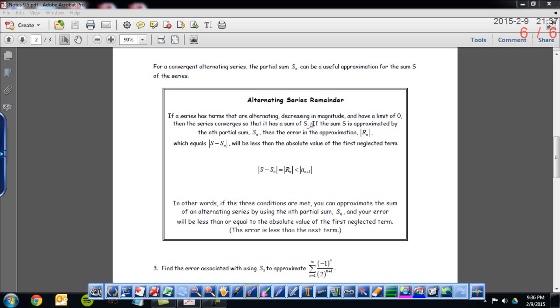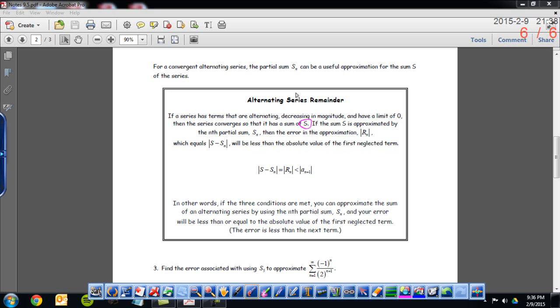So this sum S would be the sum if you added up every single term, the infinite number of terms that you add up. Now, that value of S is going to be very difficult, if not impossible, to find for most series. Okay, so because we can't always find the exact sum of those infinite terms, a lot of times what we will do is make an approximation using a few terms, and that's what a partial sum is.